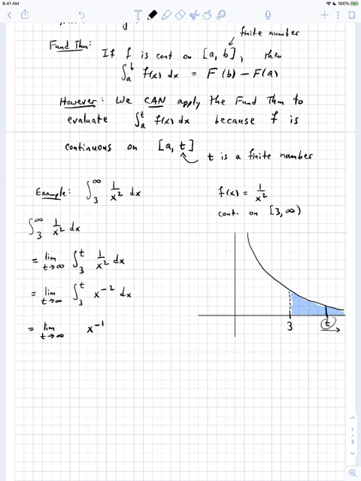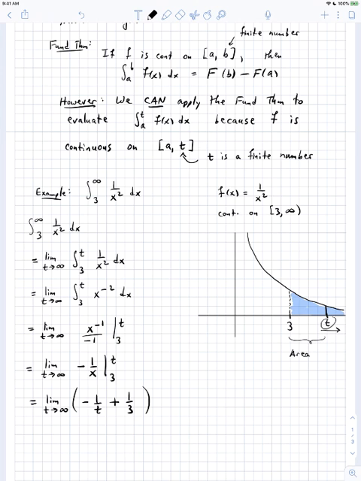You increase the exponent by 1, and now divide by that new exponent, from 3 to t. All right, so this is the limit as t goes to infinity of minus 1 over x from 3 to t. So that's the limit as t goes to infinity of minus 1 over t minus a minus 1 over 3. And this is the area between 3 and t.